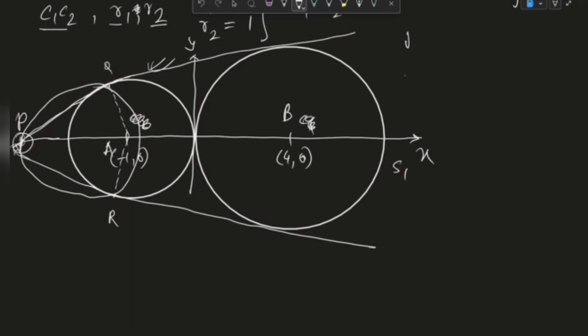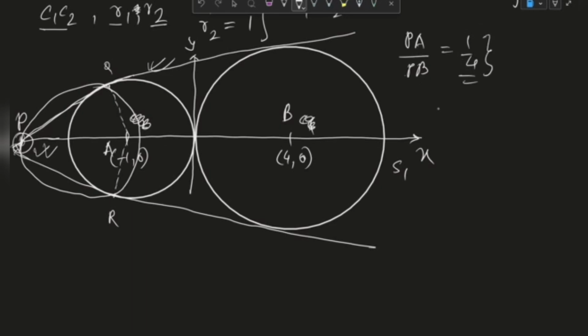So as you can observe from here, PA by PB is our 1 by 4. This is PA by PB. I guess this is pretty obvious. So as you can see, P is dividing the line segment AB externally in the ratio 1:4.